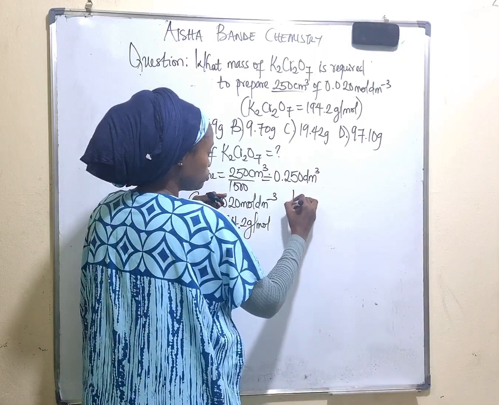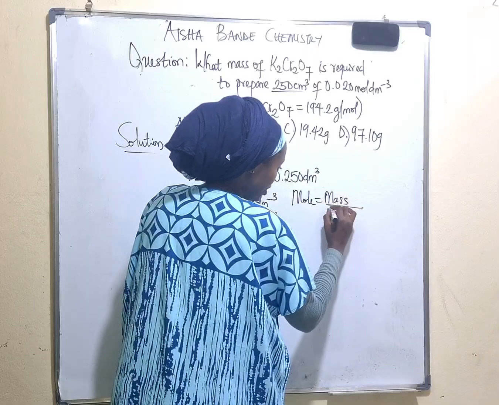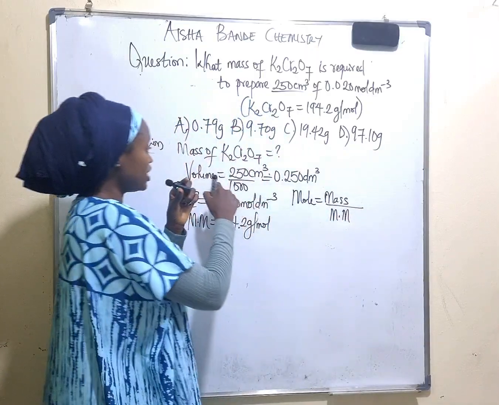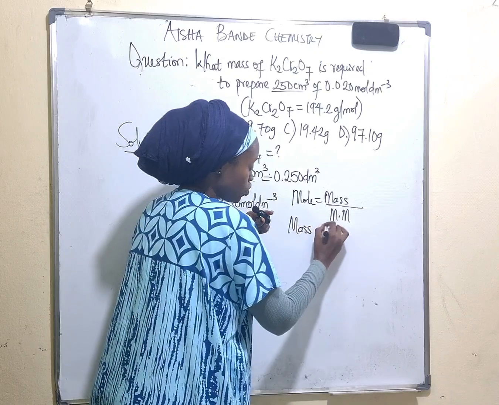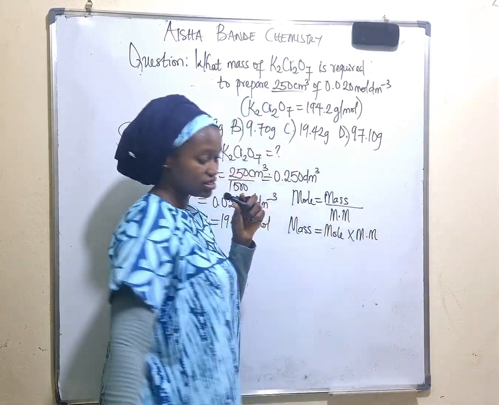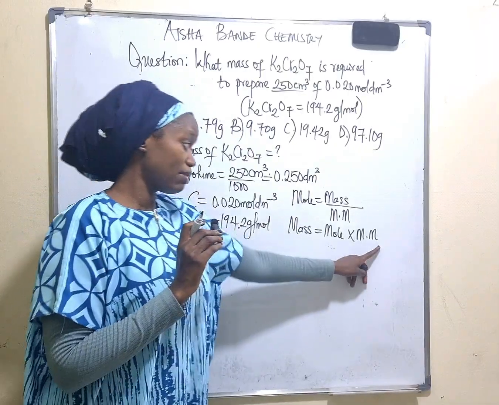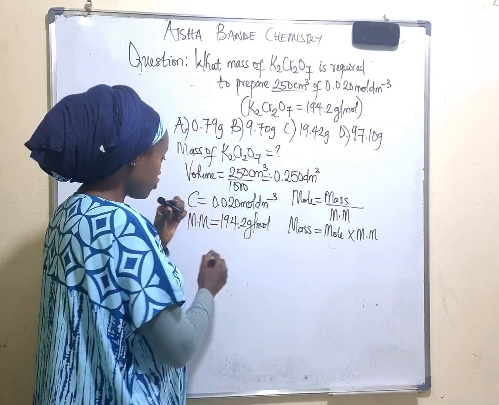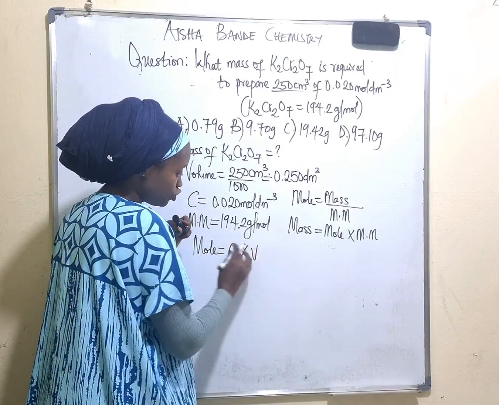Mole is equal to mass divided by molar mass. But what we are looking for is mass, so mass is equal to mole multiplied by molar mass. We have the molar mass, but we don't have the mole, and the formula for mole is concentration times volume.